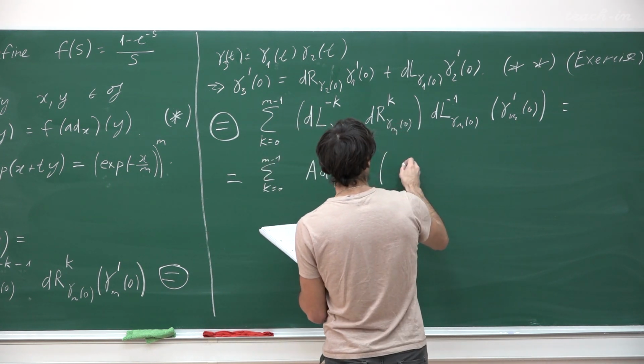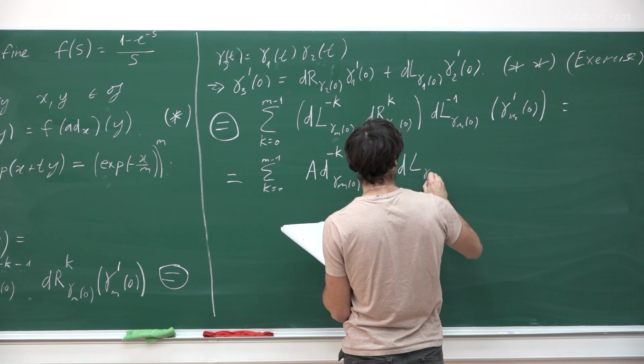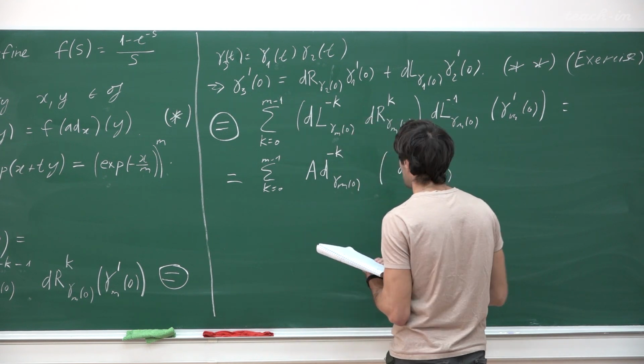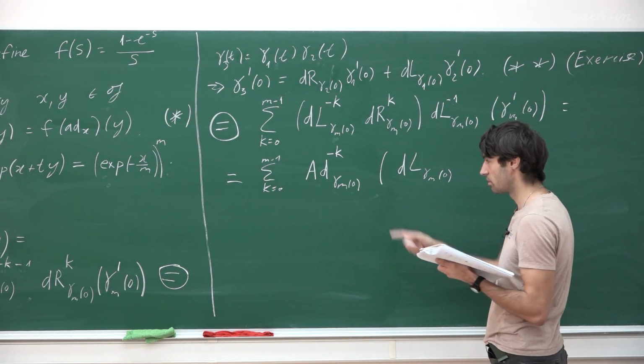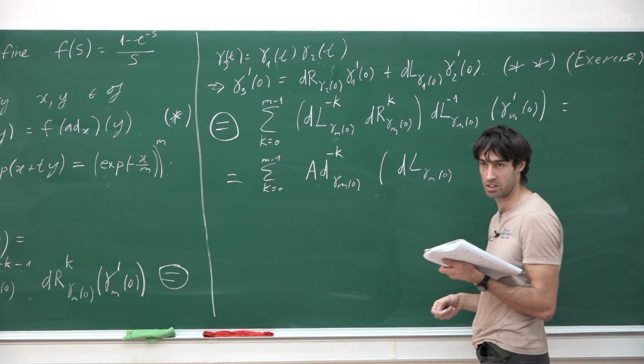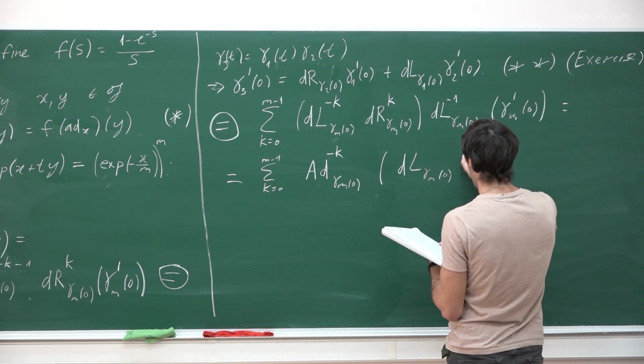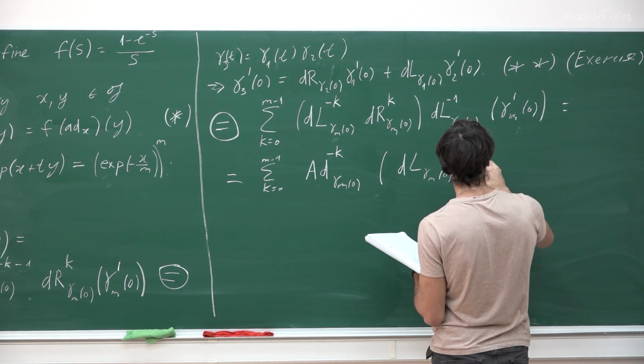And then what's left is this. All these things are invertible, by the way, so therefore I can put minus here. It makes sense.